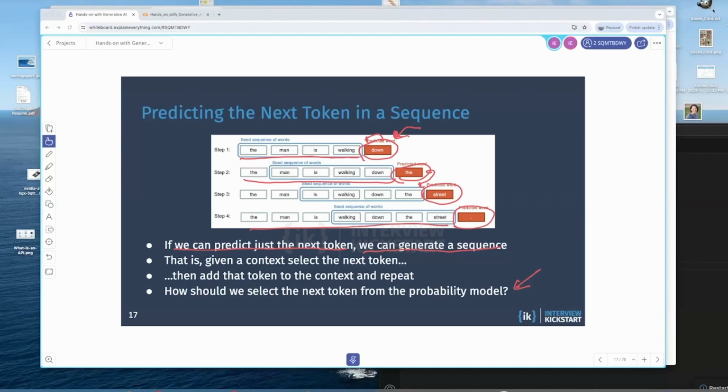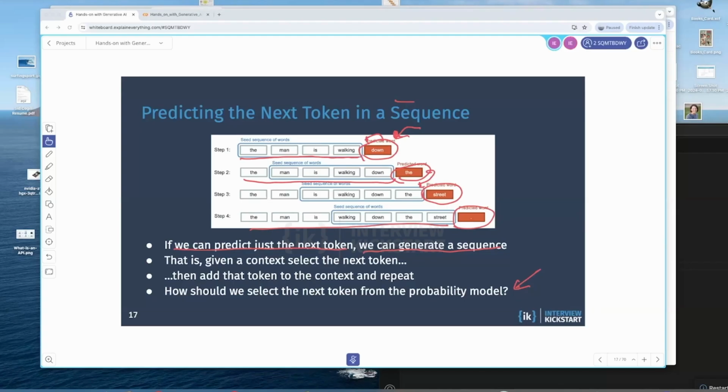When people are building these kinds of models, you have text that you're training your model on. Let's suppose I was training my model on the sequence that I have here.